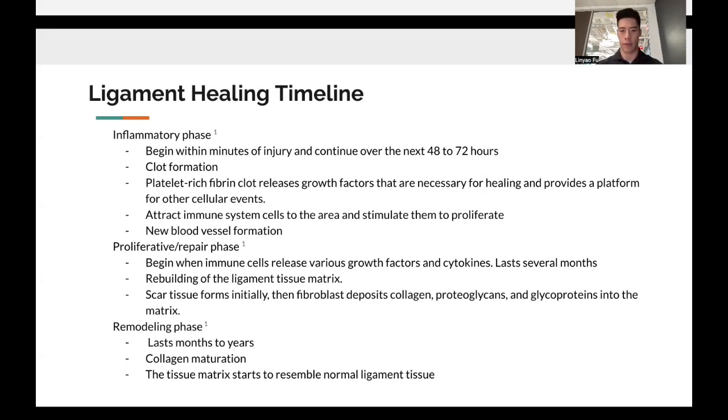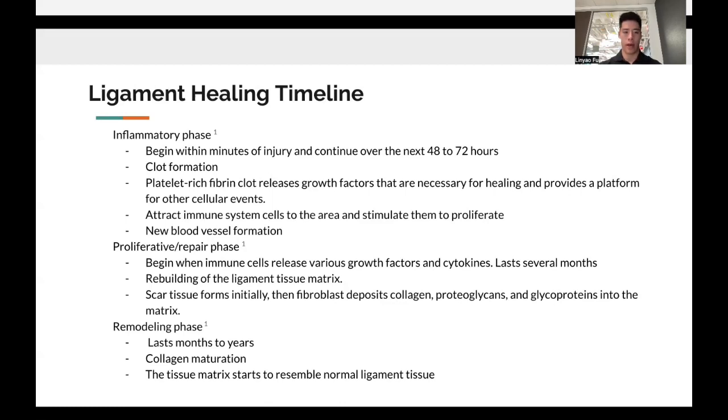In the inflammatory phase, there's the formation of platelet-rich fibrin clots, which release growth factors that promote healing and provide a platform for other cellular events. The blood clot also attracts the immune system cells to the area and stimulates them to proliferate.